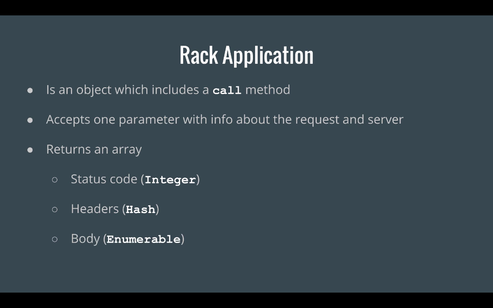It represents the body of your application, so all the content for your response. It needs to be able to respond to .each, so you will typically just wrap a string in an array, for example, or other types of response content in an array just to make it enumerable.